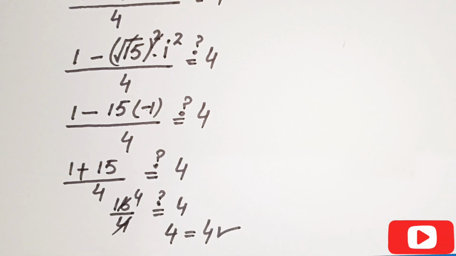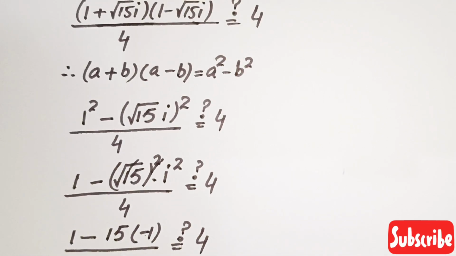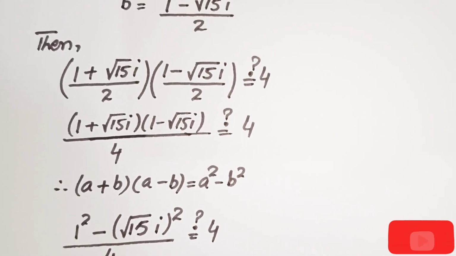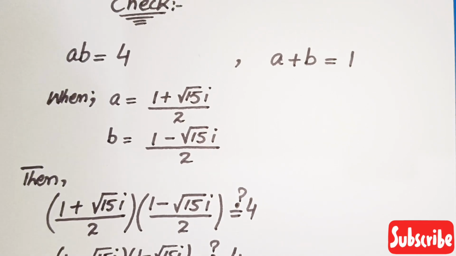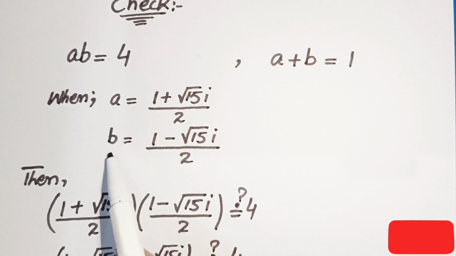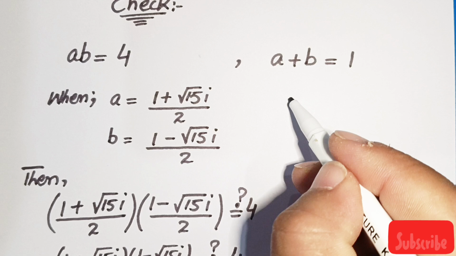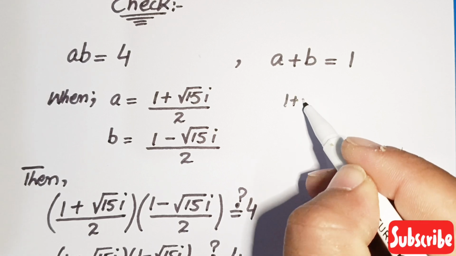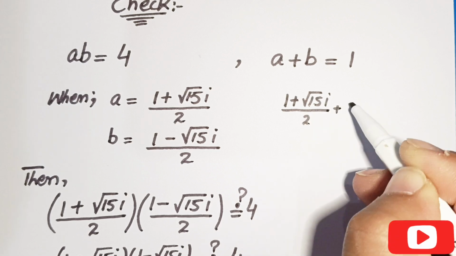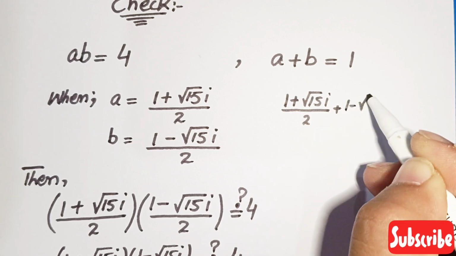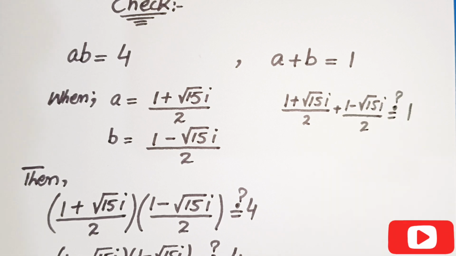Hence we find that our left hand side is equal to right hand side. Now we are going to verify our other equation by using these values of a and b. Putting these values into a plus b, a is 1 plus square root of 15 i all over 2, and plus 1 minus square root of 15 i all over 2, that is equal to 1.